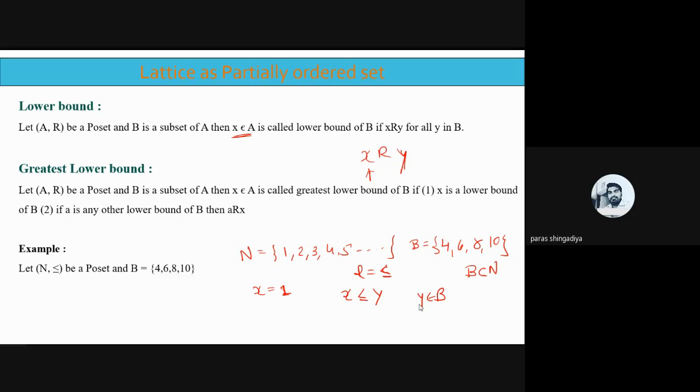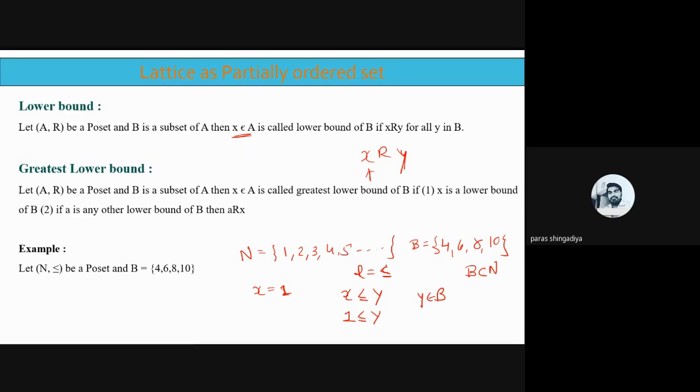Your first possible answer is 1, because the starting value of N is 1. So we consider X equal to 1, and let us check whether it is a lower bound or not.